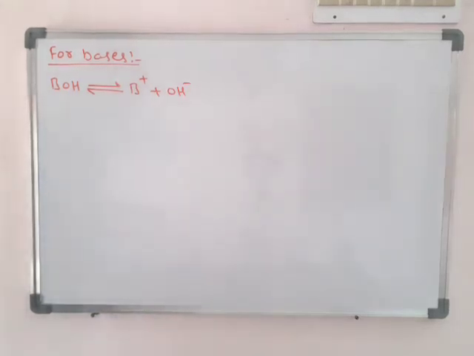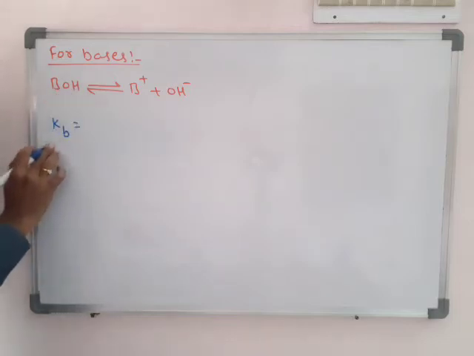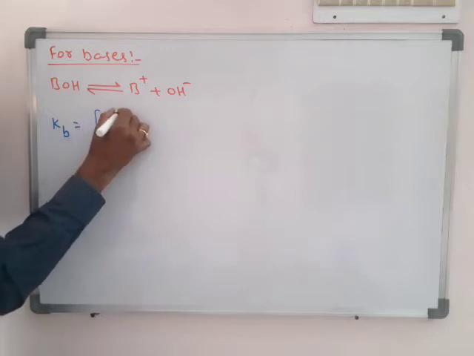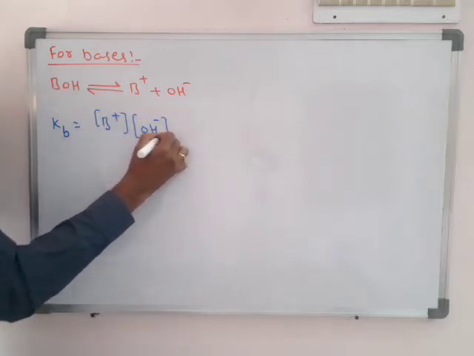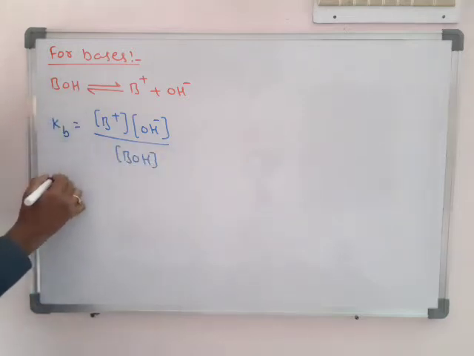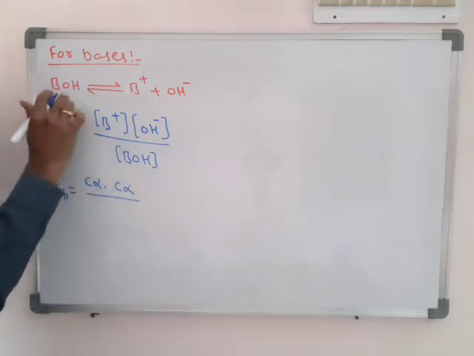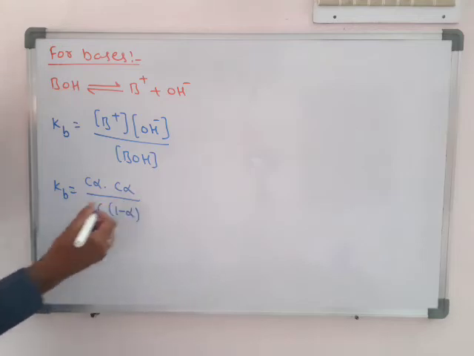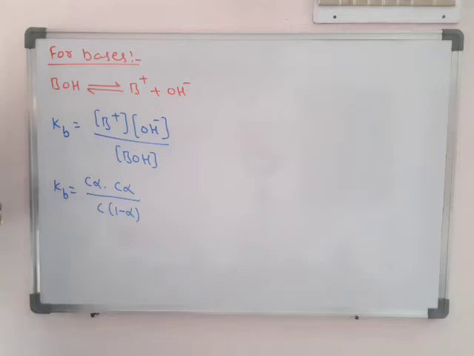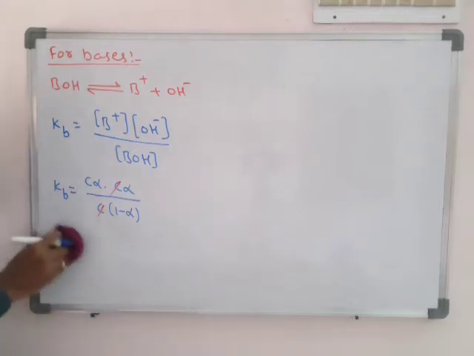What is the equilibrium constant for it? It's a base, that's why we write Kb, or since it is a dissociation reaction, we can say base dissociation constant. So Kb is equal to C alpha into C alpha by C into 1 minus alpha, exactly the same as the acid derivation, there is no change in it. So here again, we applied it for weak bases.